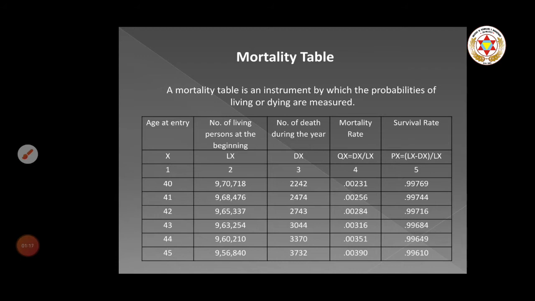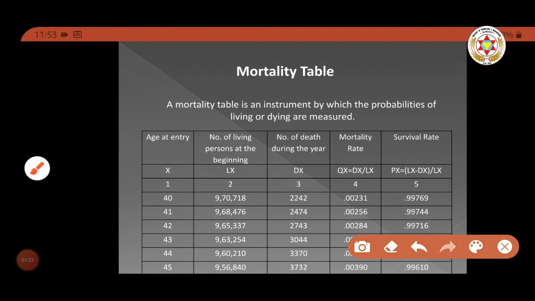So you can see in the slide, the number of deaths is given. So what is the mortality rate? How to calculate it? First, you deduct the number of deaths during the year from the number of living persons at the beginning, right? So you have to deduct this 2242 from 9,70,718.